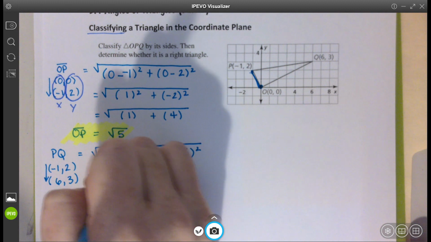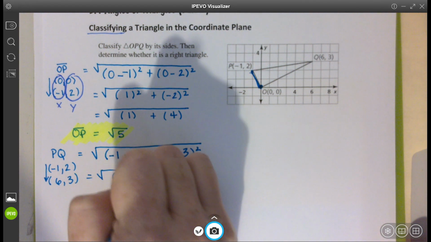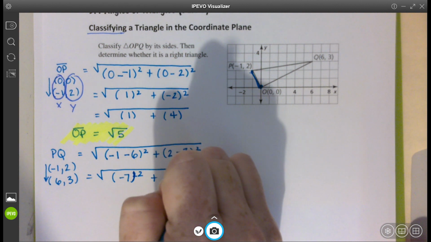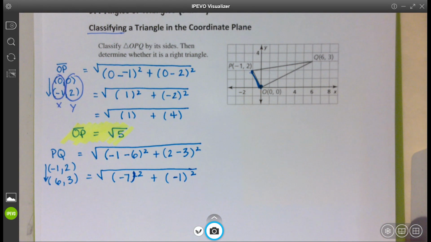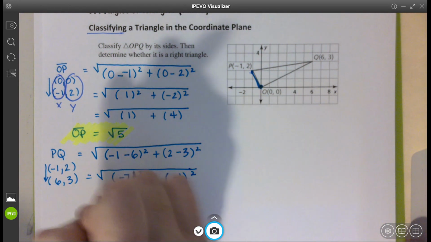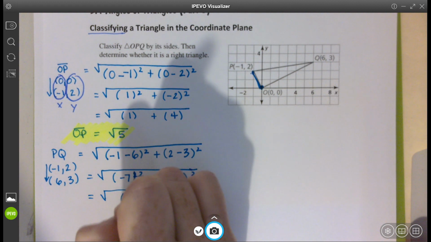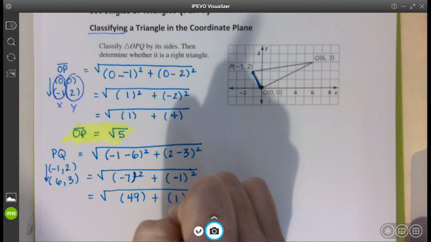Carrying down that square root symbol. So here I combine. This is going to be -7 squared plus -1 squared. Now I'm going to evaluate underneath that square root symbol. So here I have +49 plus +1.